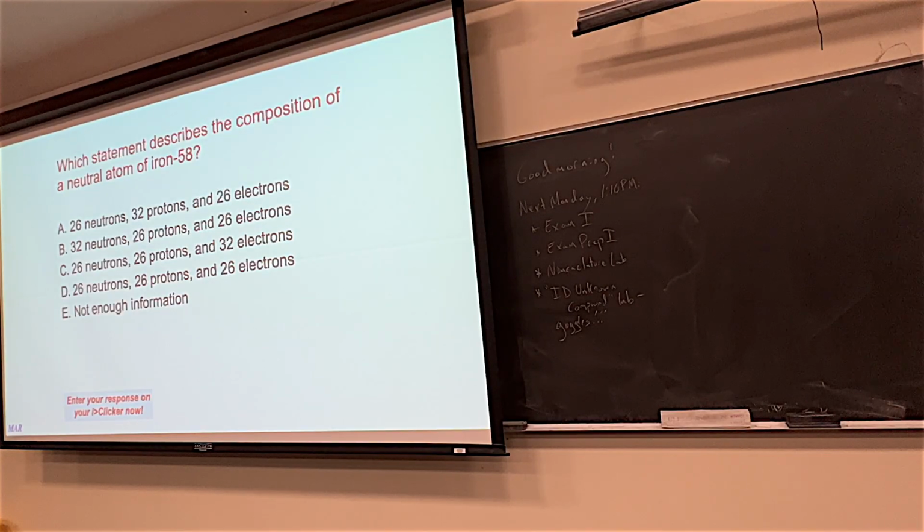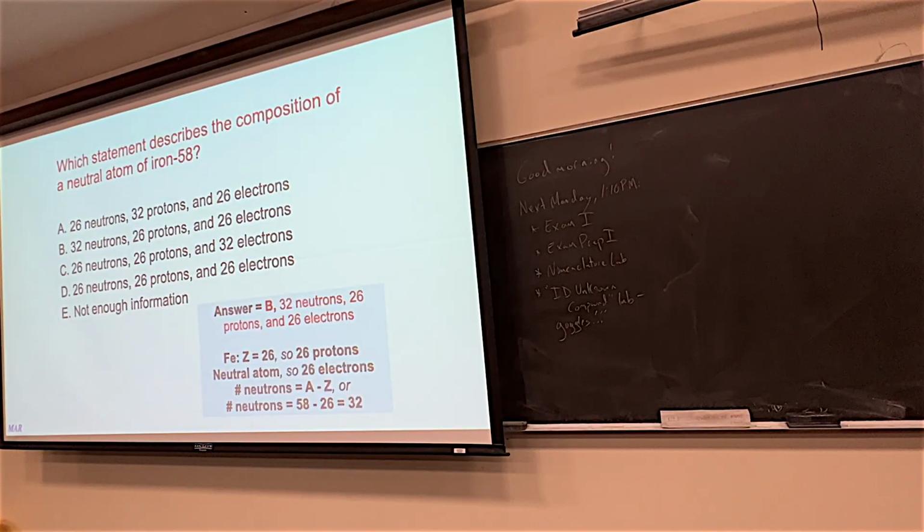The last piece of information that we need is the number of neutrons. And the dash number that sometimes happens for these, that's the mass number. And mass number is protons plus neutrons. So if you take 58 and subtract the number of protons, it's like protons plus neutrons minus protons, you should end up with 32.